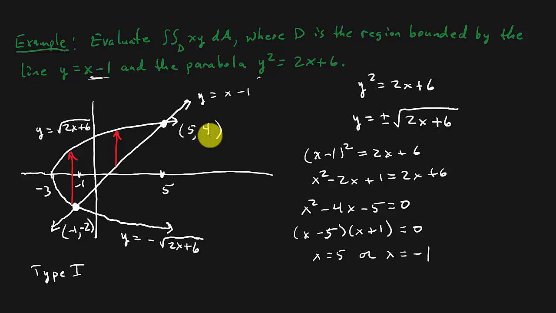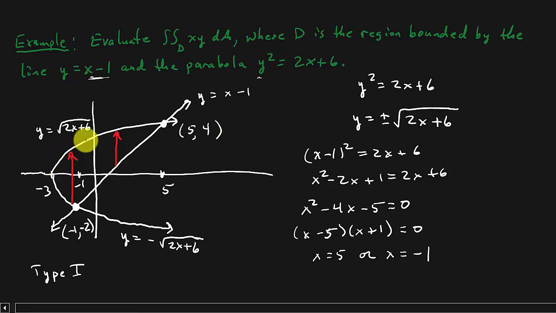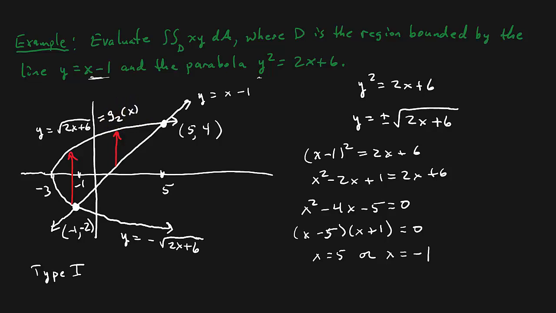Now, let's look at this. I can see the curve on top, okay? I can see this is g2 of x, right? But look at this, and I'm going to highlight this with a different color.